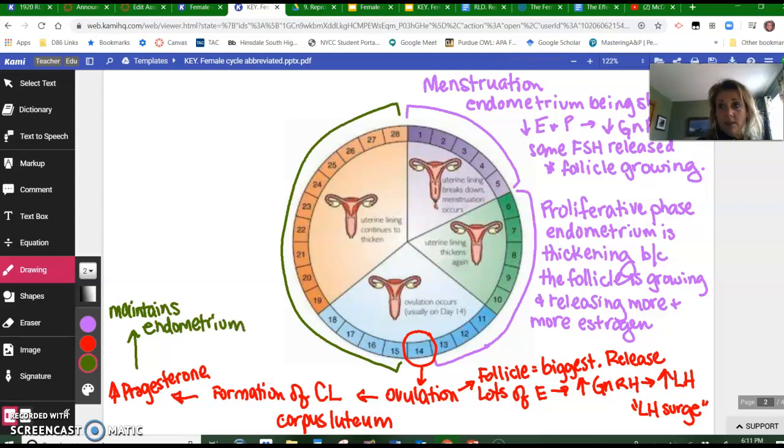And what this means is that it's going to stimulate the glands in the endometrium to secrete glycogen. Remember that the whole point of this is to prepare the uterus for possible fertilization.